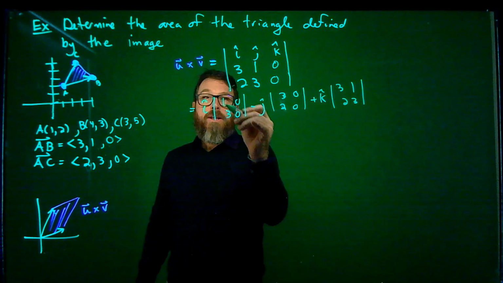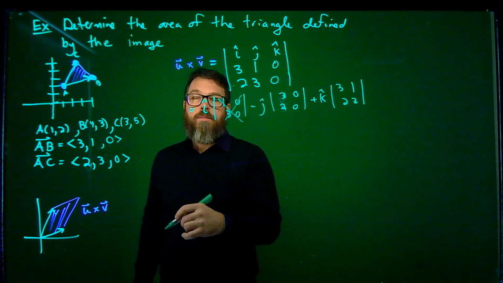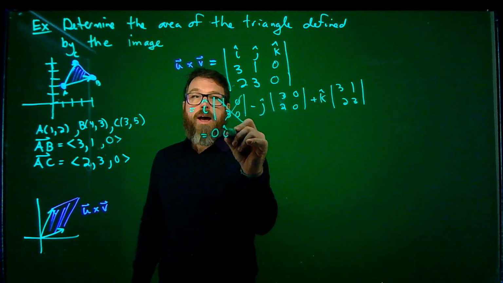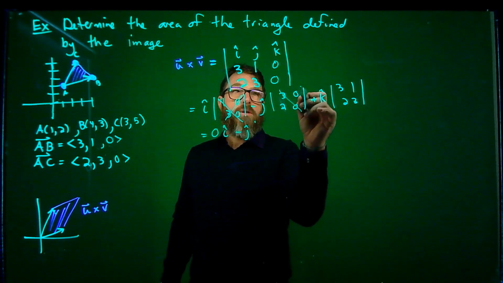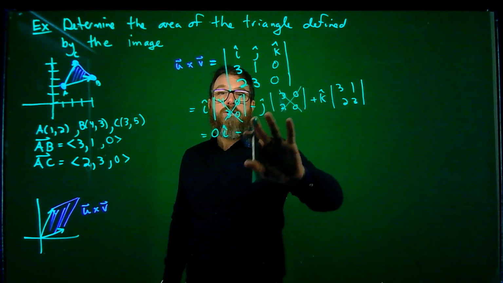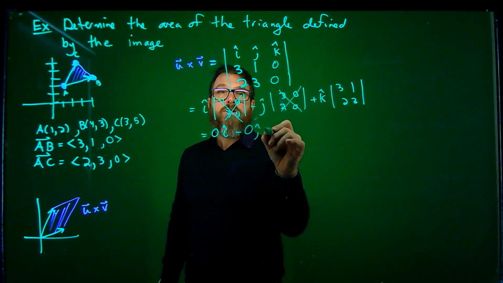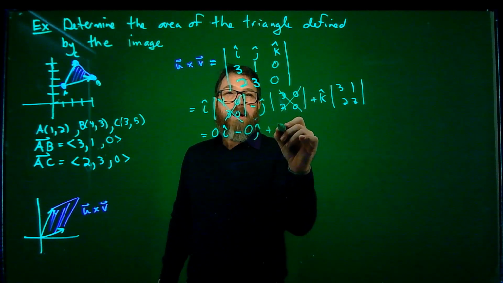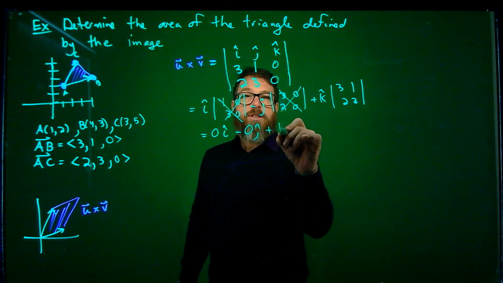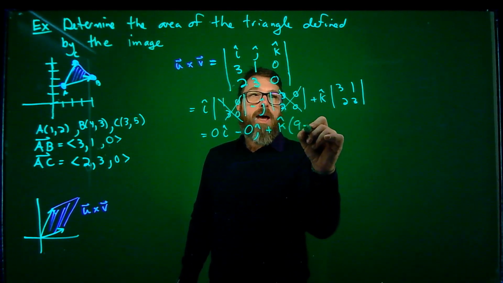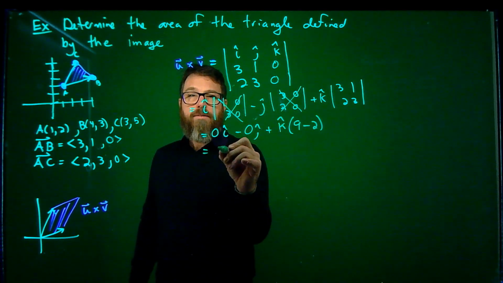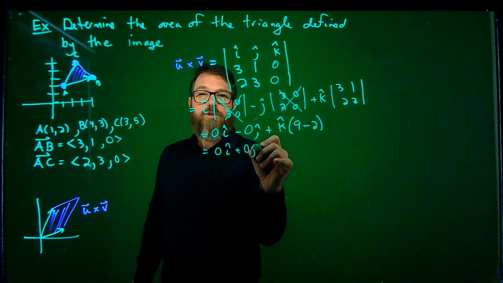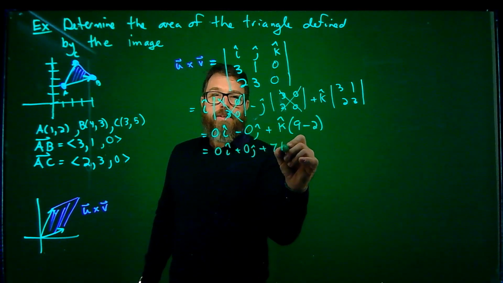Now we know that this multiplication minus that multiplication is going to be 0i, and similarly minus j. When I do this multiplication, this is 0, so this is going to be 0j as well. So minus 0j or plus 0j doesn't matter. And then plus for k, this is going to be 9 minus 2. So what we're going to have is 0i plus 0j plus 7k.